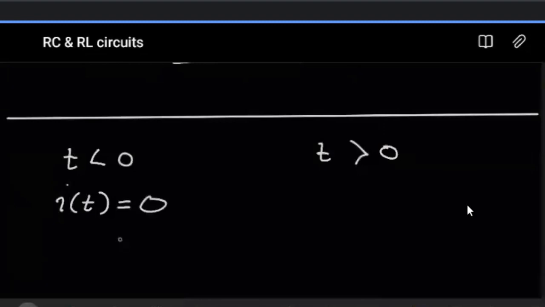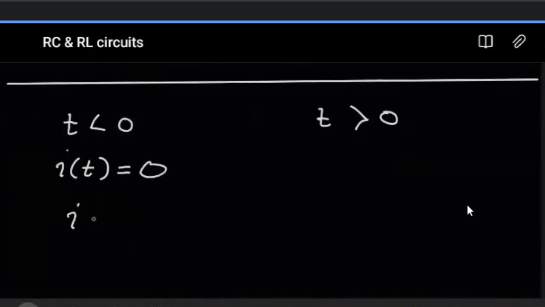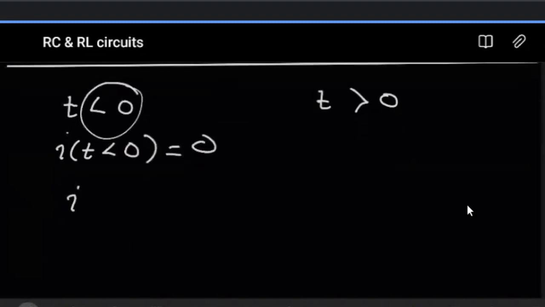But when we look at I, since we're looking for t less than 0, I can say for t less than 0, this is going to be equal to 0. But when they say for t equals to 0, this is now them saying that the switch has just been thrown the other way, meaning the source has just been shut out. Have you got that?